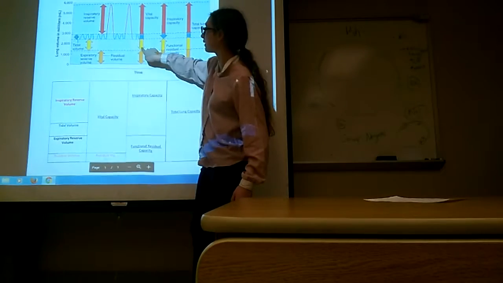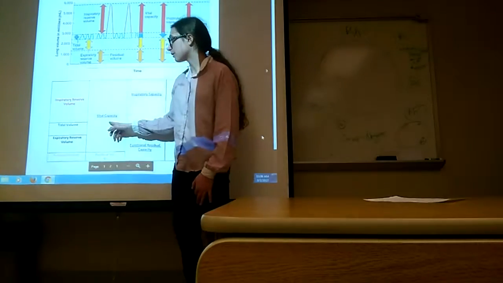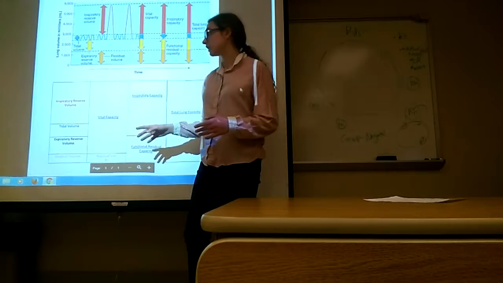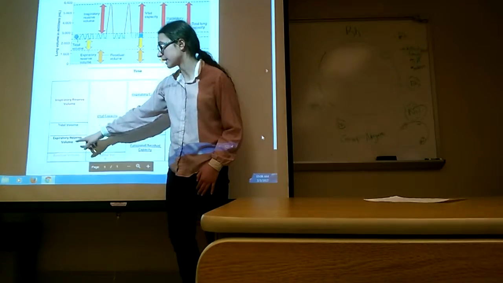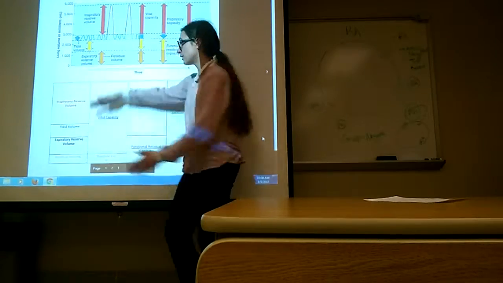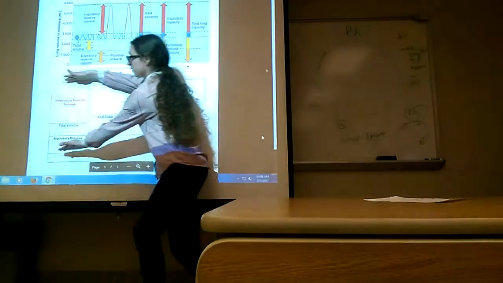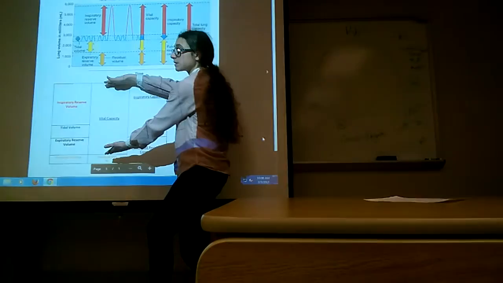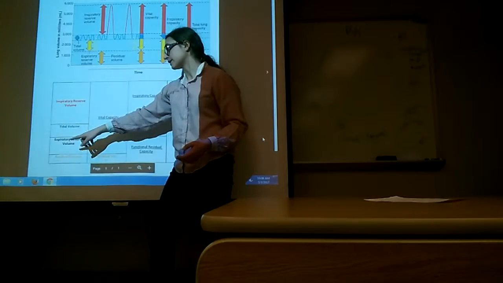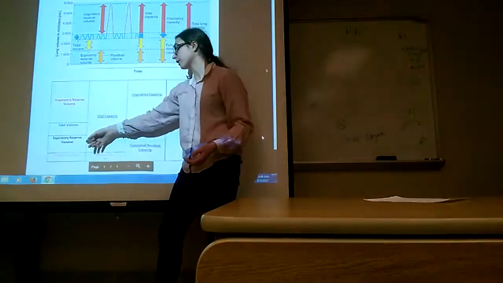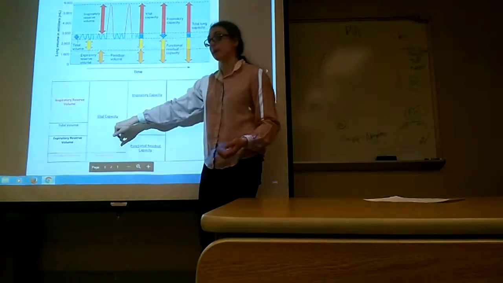Your vital capacity equation is going to be inspiratory reserve volume plus the tidal volume plus the expiratory reserve volume, because that capacity is made up by those volumes. So IRV plus TV plus ERV equals vital capacity.